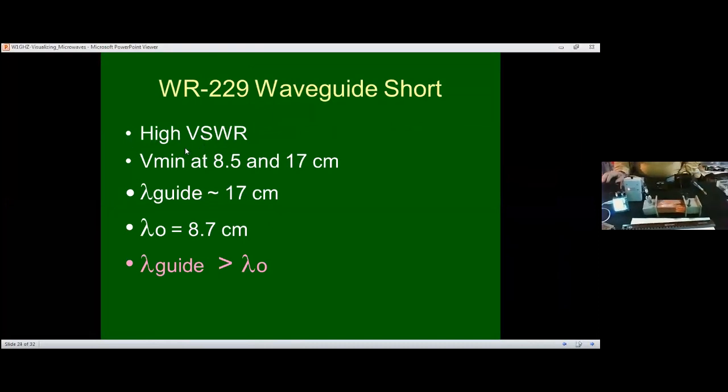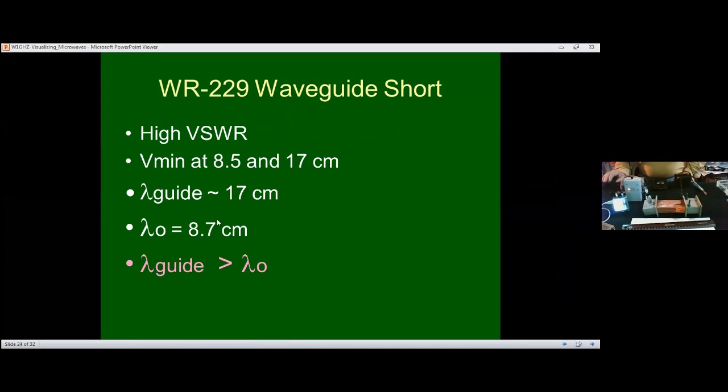Didn't get a real good demo of this, but we get a very high VSWR. And the wavelength in the guide, as I said, is closer to 10 centimeters apart than to 4.5 we saw in waveguide.